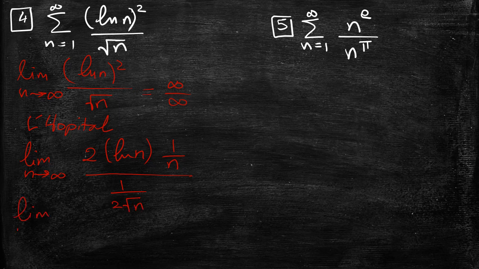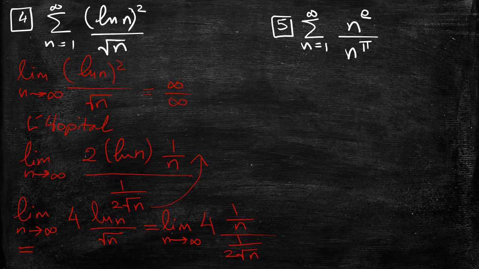Just reform this fraction. This will be 4, and then square root of n goes up, so you'll end up with ln n over square root of n. Again, this will give us infinity over infinity. So again, L'Hopital for the second time, limit n approaching infinity, 1 over n, and then the denominator 1 over 2 square root of n, and this is 4.